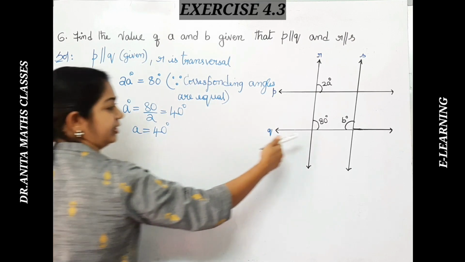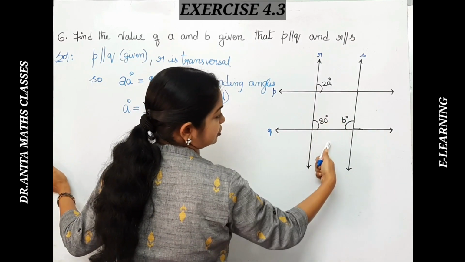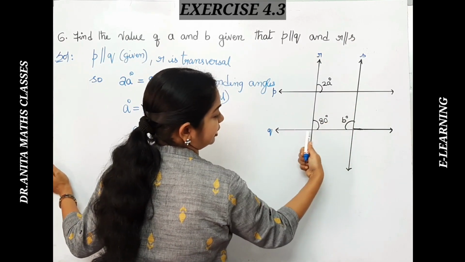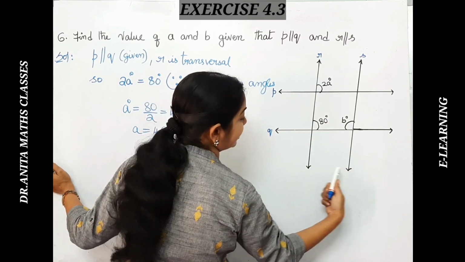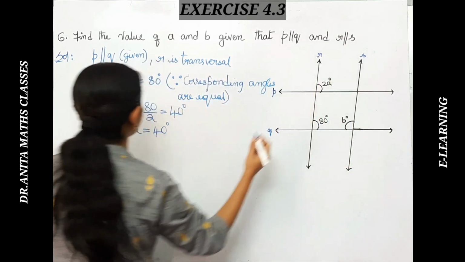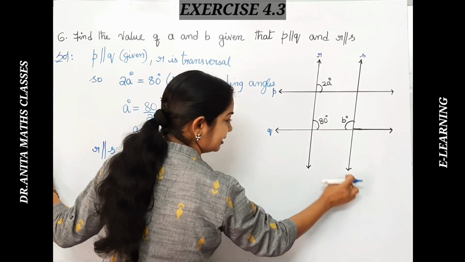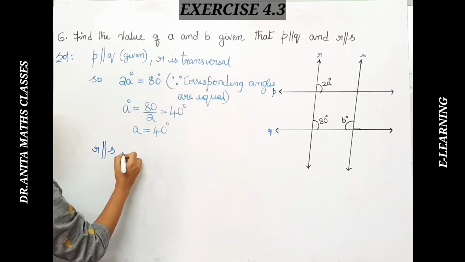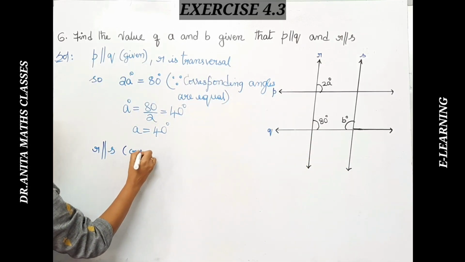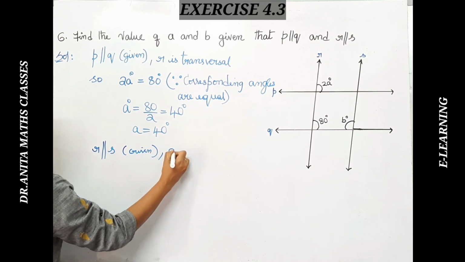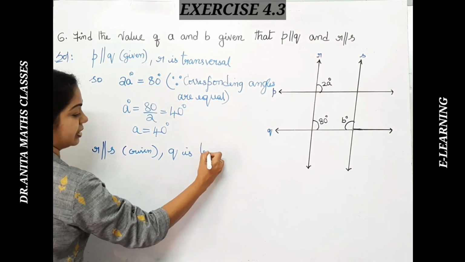For finding B, we will consider R and S, because R and S are also parallel. The R line and S line are parallel. See, these two lines are parallel. Take this Q, this is given. Q is the transversal now.